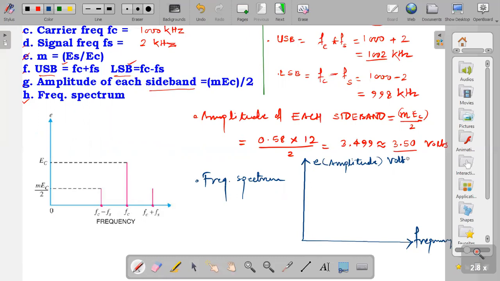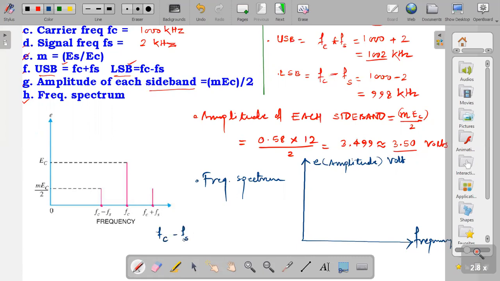Understood, dear student? Can I proceed to the next point? Yes, sir. Draw the x-axis as frequency and the y-axis as amplitude. Now here I will write Fc minus Fs.